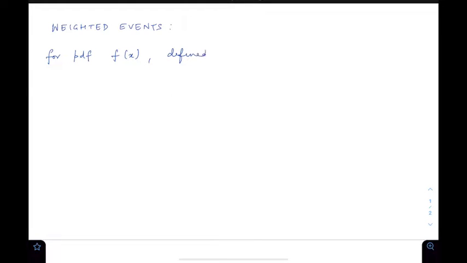First is the method of weighted events. So this is analogous to the crude Monte Carlo for integration. So for a PDF, f(x), defined on an interval (a, b), points are generated uniformly in x and given a weight w.